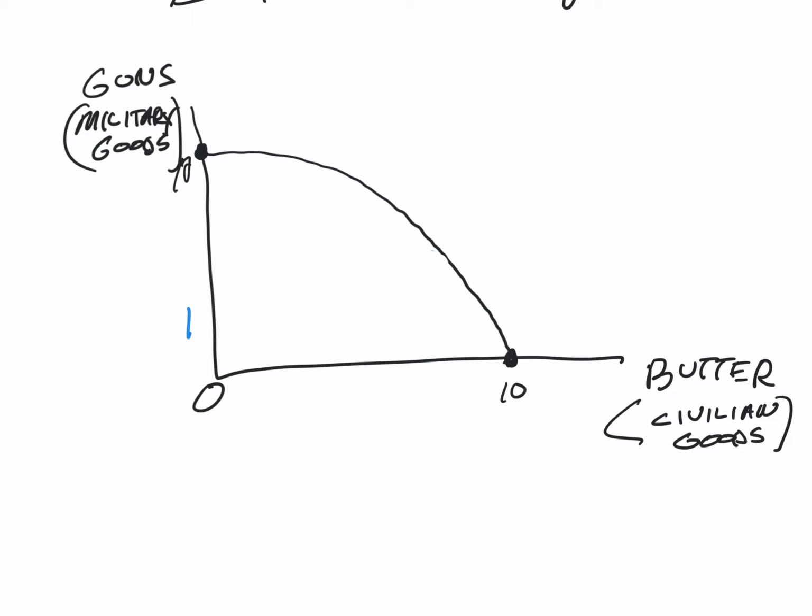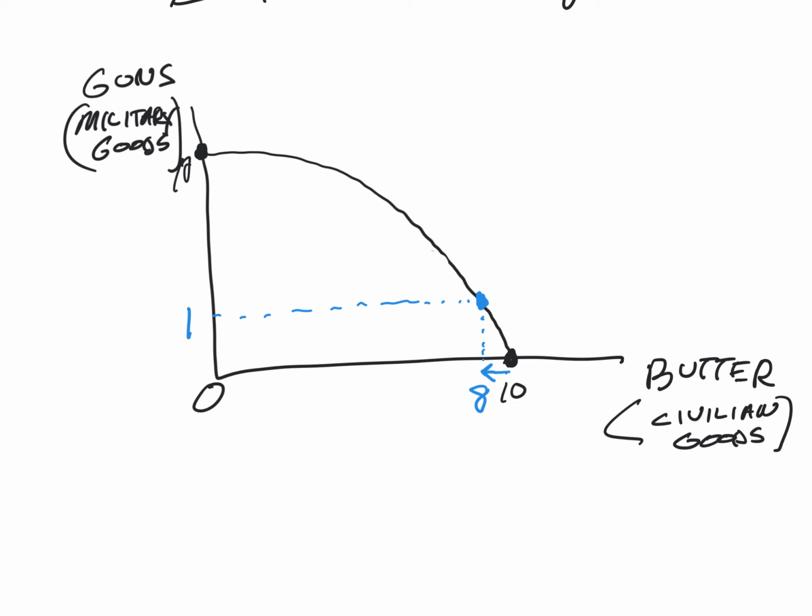What must we do to produce that one gun, or one unit of guns? That means we're going to be on this point. The only way that can happen is if we give up some butter production. We've got to transfer resources away from butter and into guns. So we're producing one gun and let's say 8 butters.